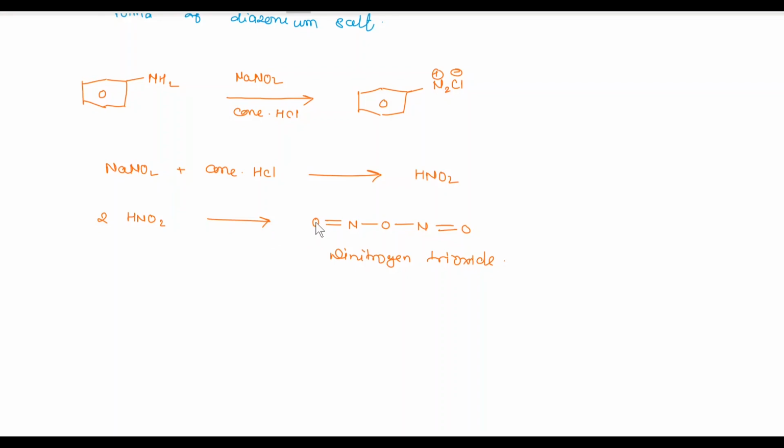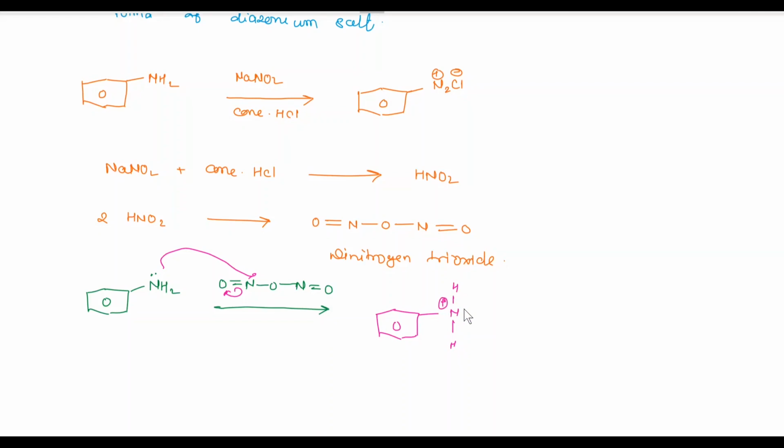This dinitrogen trioxide reacts with the amine. The lone pair of nitrogen attacks this nitrogen and this double bond opens on oxygen, and here we get hydrogen. Nitrogen carries a positive charge, nitrogen bond nitrogen, here oxygen negative, here oxygen bond, nitrogen double bond.